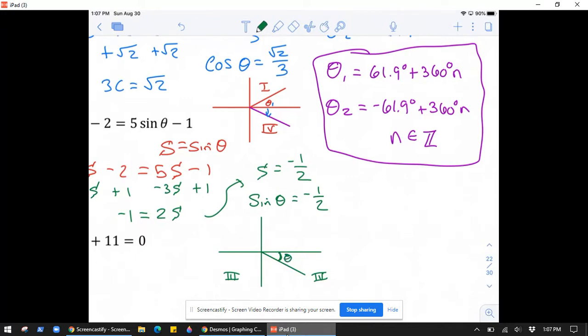I'm going to have to note what that reference angle is and make an adjustment to make sure we get both answers. So if the sine of theta is negative 1/2, that means that sine inverse of negative 1/2 gives me that angle. The angle whose sine is negative 1/2 happens to be negative 30 degrees.